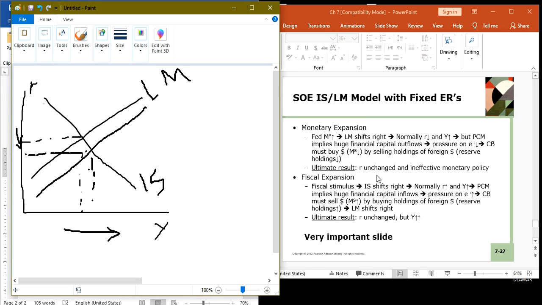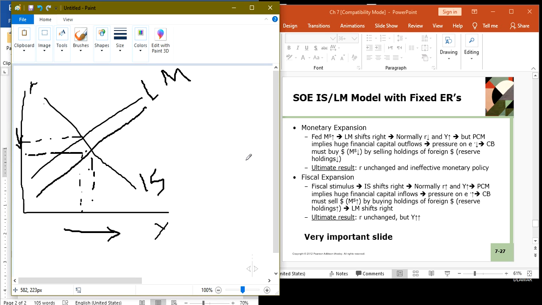Now, fiscal policy expansion. Whenever we talk about fiscal policy, we talk about the IS curve, the equilibrium in the goods market.